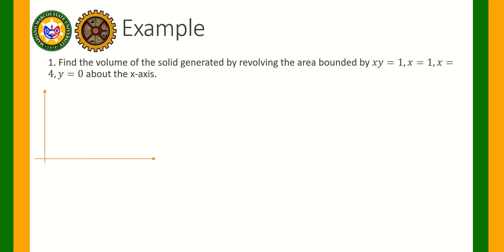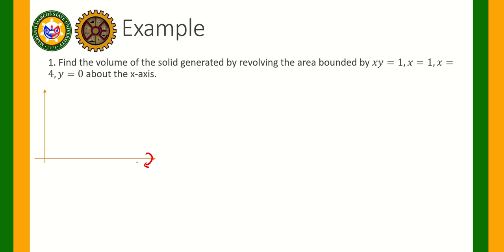Okay. So example number 1: find the volume of the solid generated by revolving the area bounded by xy equals 1, x equals 1, and x equals 4, and y is equal to 0 about the x-axis. So yung axis of rotation natin is dito sa x-axis natin. Okay, about the x-axis.